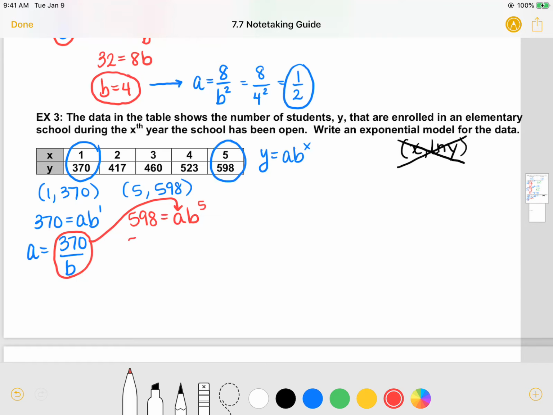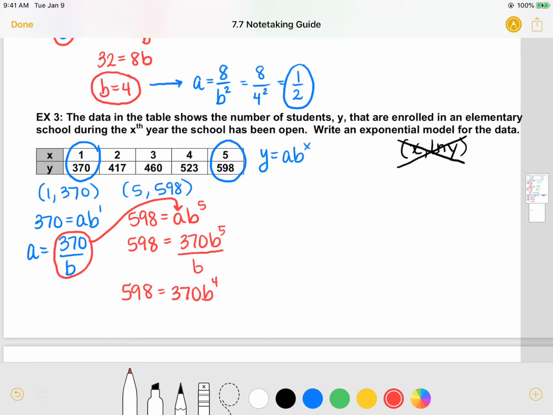So you get 598 is equal to 370 b to the fifth divided by b. Okay? So b to the fifth over b is b to the fourth. So we're going to rewrite 598 equals 370 b to the fourth power.